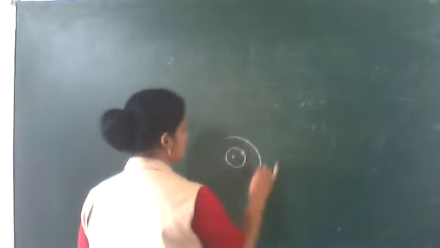Don't look at the fifth orbit now. Now you look at the ionization, what I made you underline. How to ionize this hydrogen atom means you have to throw this electron to infinity. Infinity's energy is 0. Now its energy is minus 2.18 into 10 to the power minus 18. So how much energy is to be absorbed by this electron, or how much energy do we have to supply?